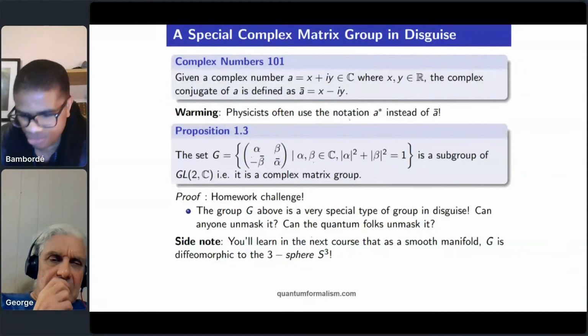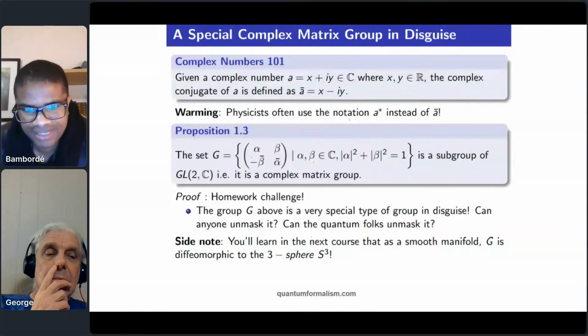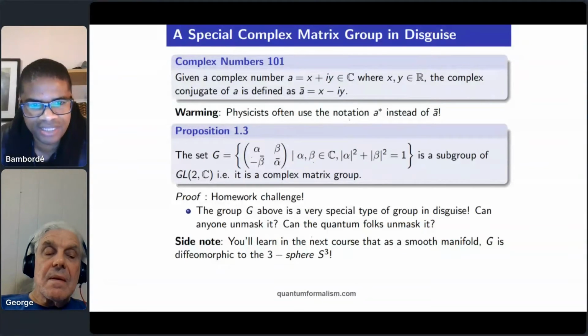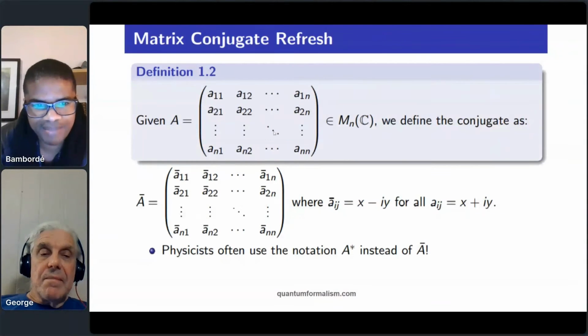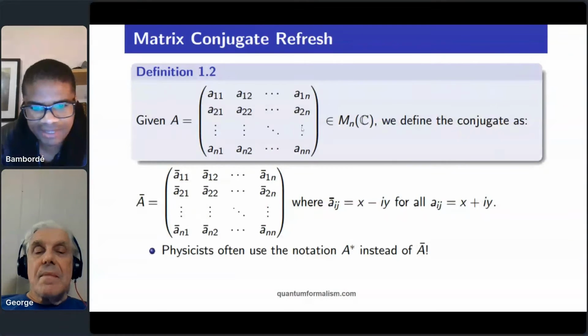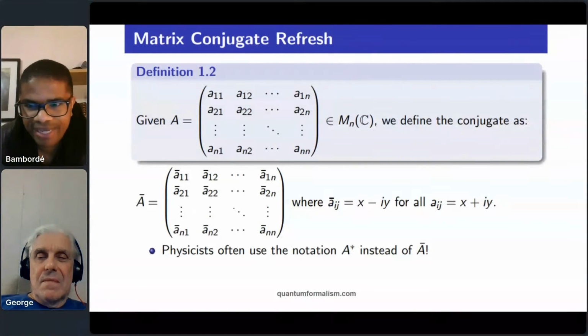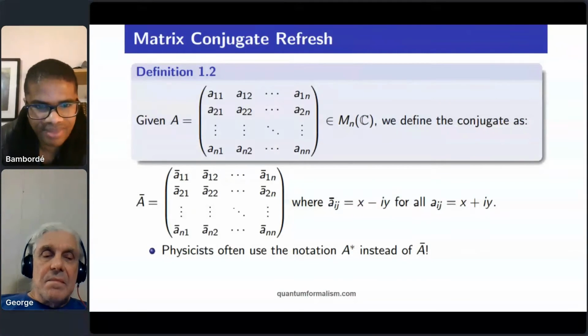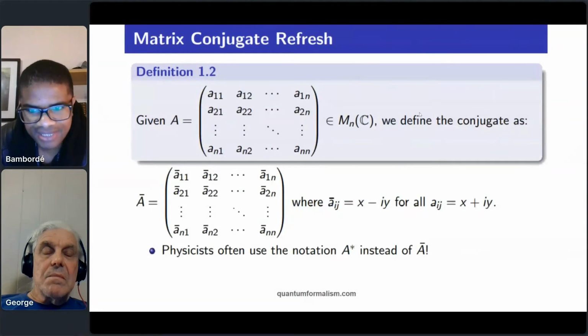So for those of you who don't know that, the next couple of slides will take you in that direction. The first thing, I hope I didn't make a mistake here, because there are so many entries. Given a square complex matrix A, we define its conjugate as this.